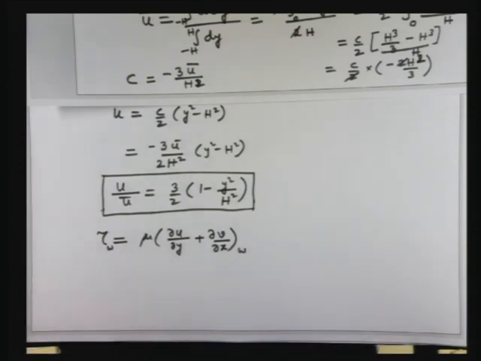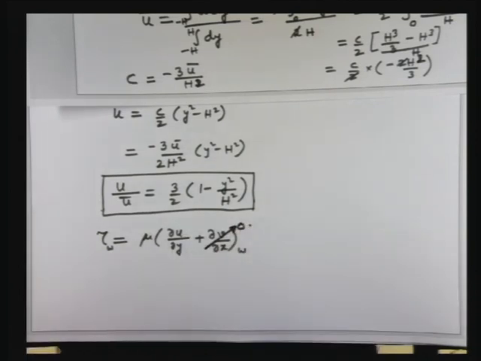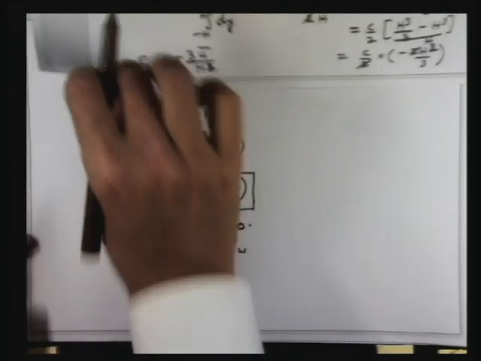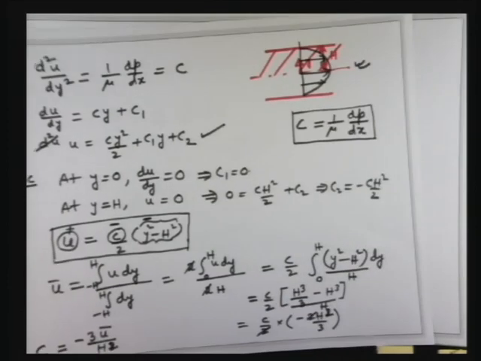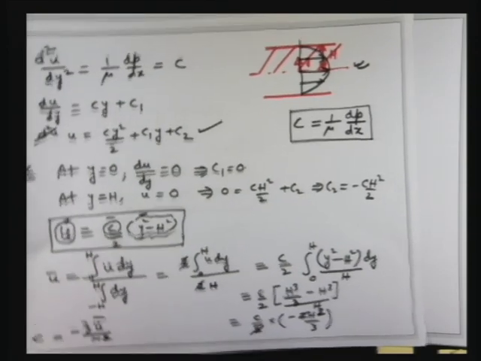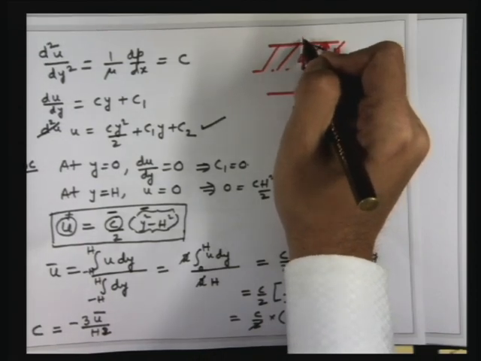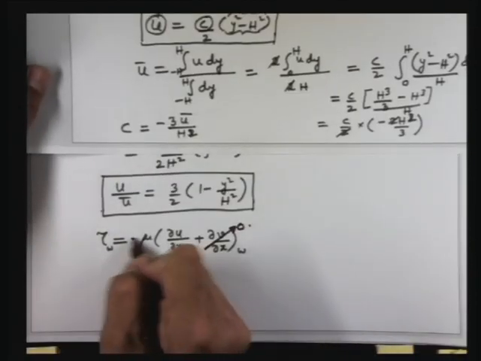Of course this term is not there, so mu del u del y at the wall, but we have to understand that we have to adjust it with a sign. When we write tau equal to mu del u del y, that y is the outward normal to the solid boundary, but here this y is the inward normal to the solid boundary. So we have to adjust it with a minus sign here.